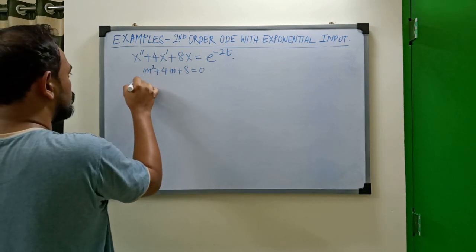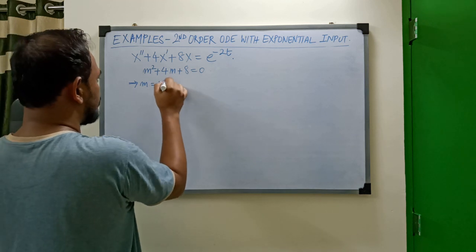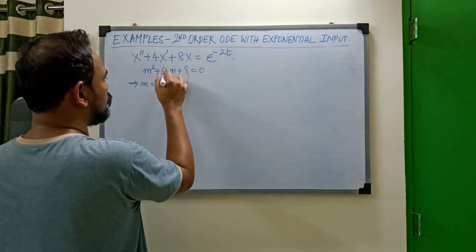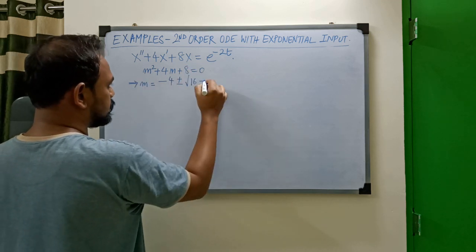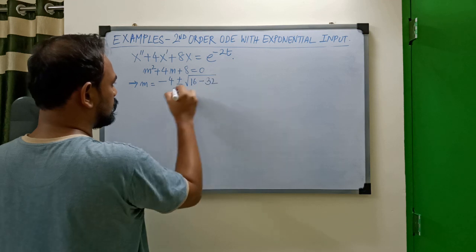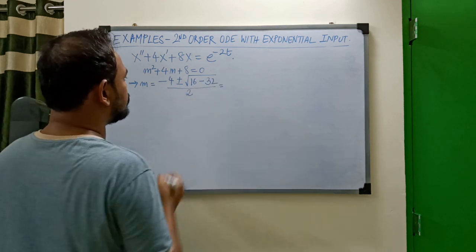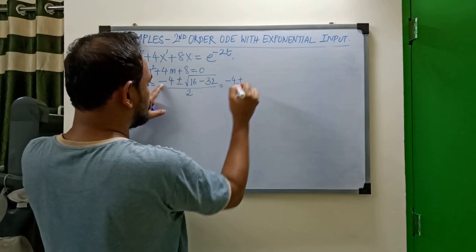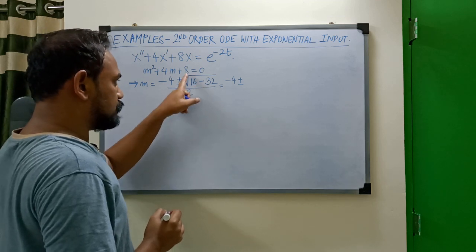What are the roots? Well, let's apply the standard formula. You have minus 4 plus minus the square root of b square, which is 16, minus 4 times 8, which is 32, divided by 2. That is minus 4 plus minus, you get a negative 16 underneath the root.